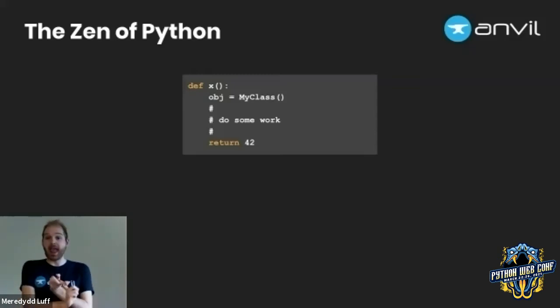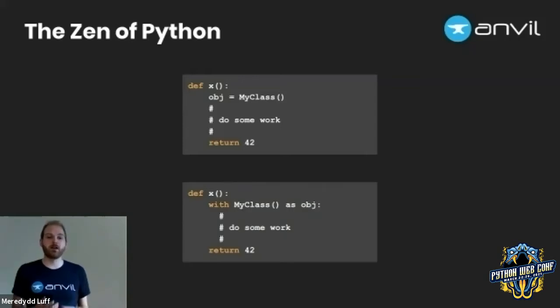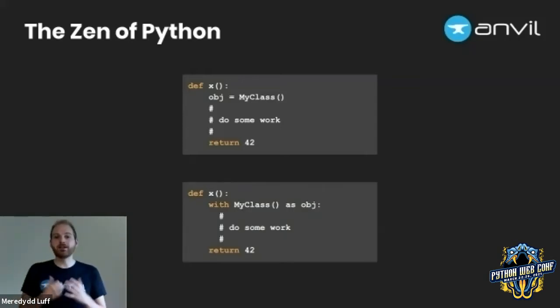This opens you to leaks of the abstraction because you have to understand what the rules are, and those rules are informed by the implementation of the interpreter. But it's also difficult to understand. It's not very Pythonic. Here is an example of the Pythonic way to do it.